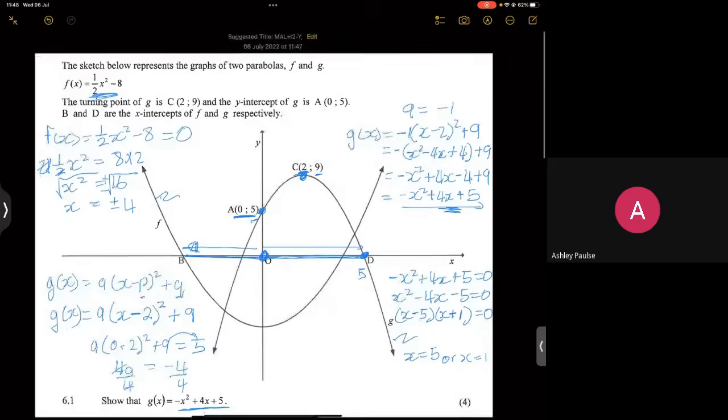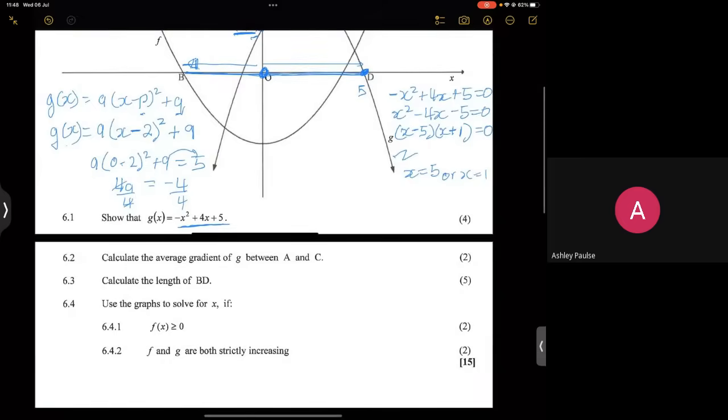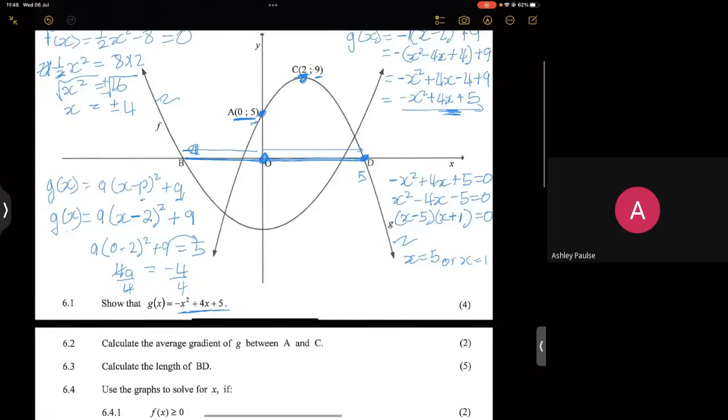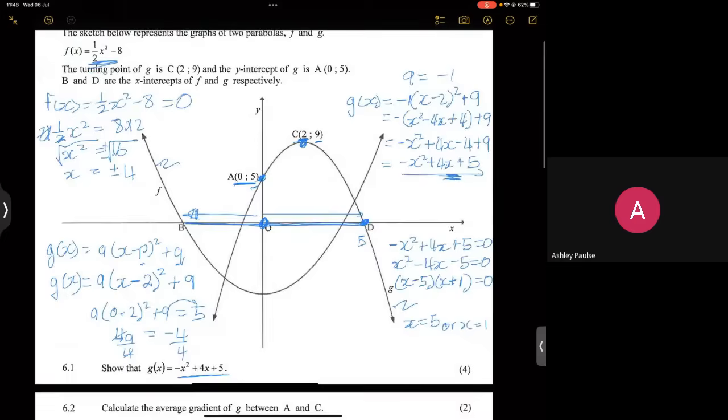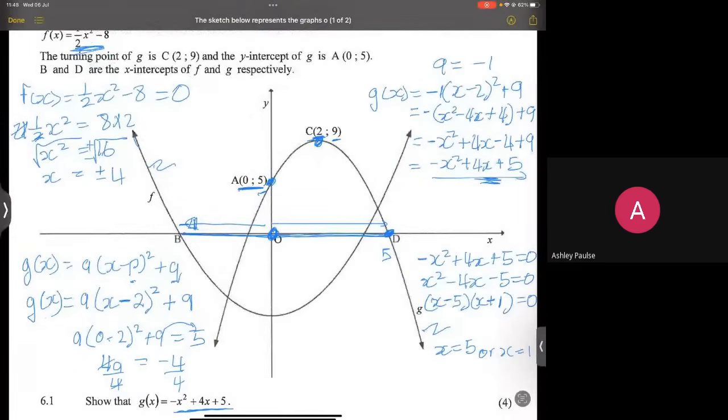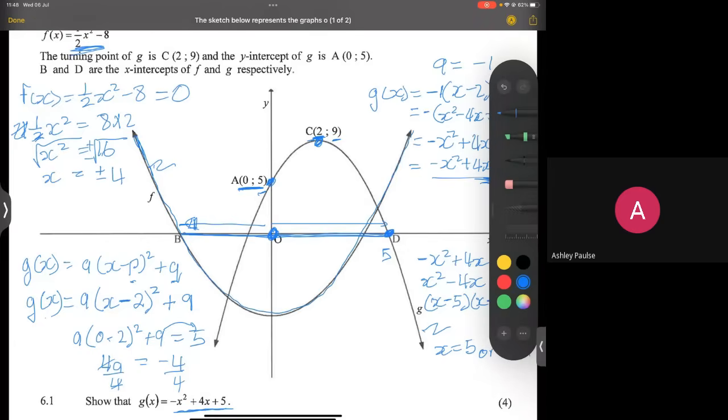Okay, in this case, just the last few questions. Now they say use the graphs to solve for x if f of x is greater than 0. Now the graph of f of x, remember, is this one here. Now where is this graph greater than 0?